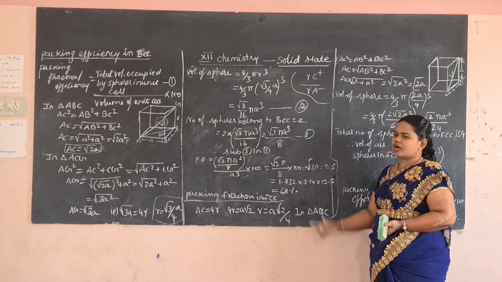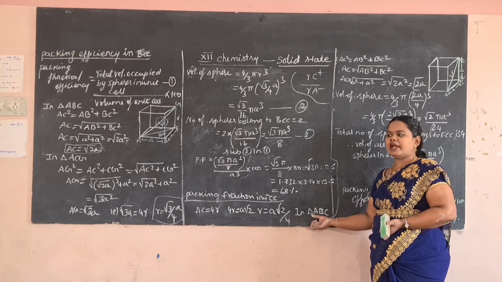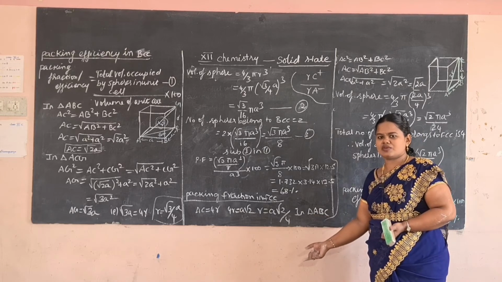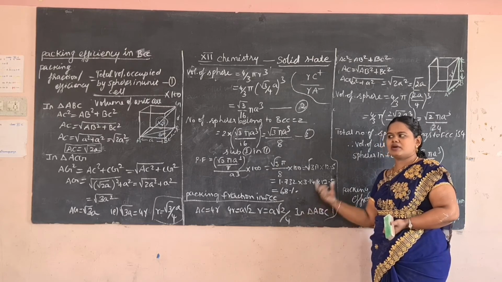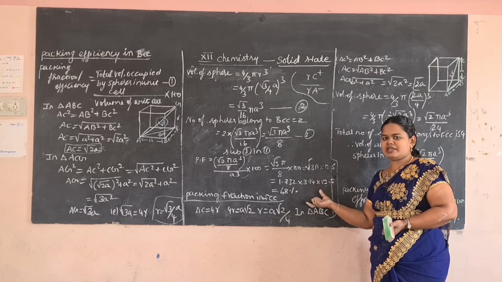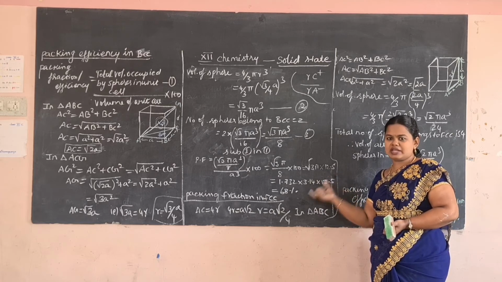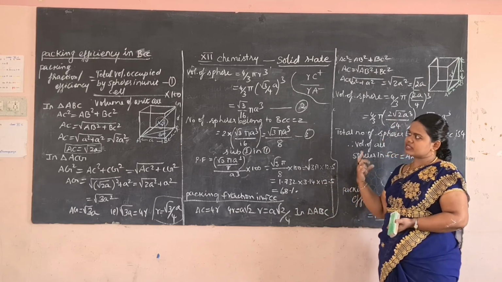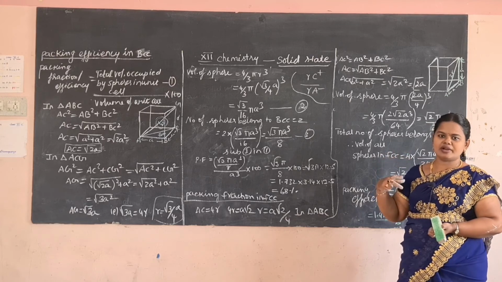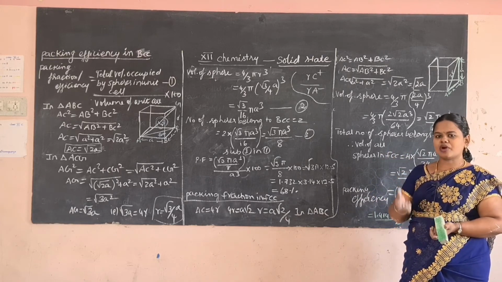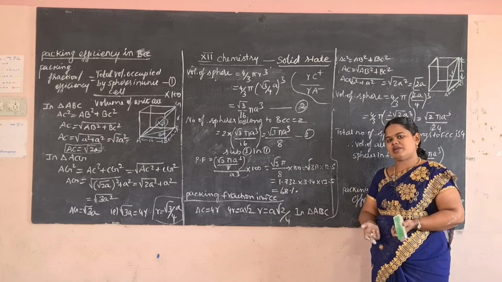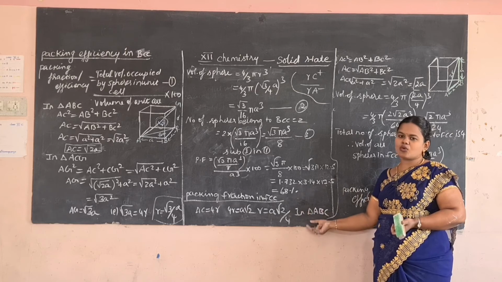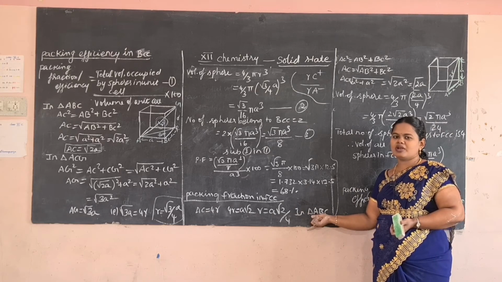So we have completed this lesson, solid state, and in that we have learnt about the classification of solids. I will give a summary of this lesson because we have completed 2 lessons, the first lesson as well as solid state, which is a very important lesson in physical chemistry. We have completed the introduction about solids, their properties, classification of solids, crystalline solid, amorphous solid, ionic solid, their arrangement, and then we saw about the unit cell: simple cubic, body centered cubic, face centered cubic unit cell.